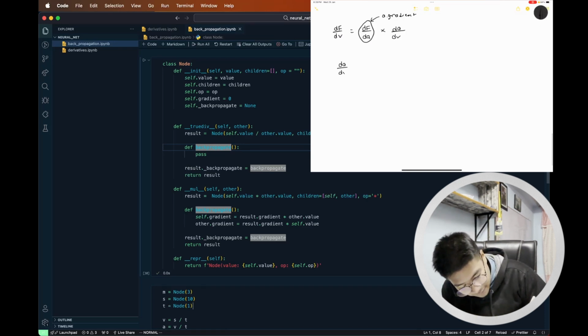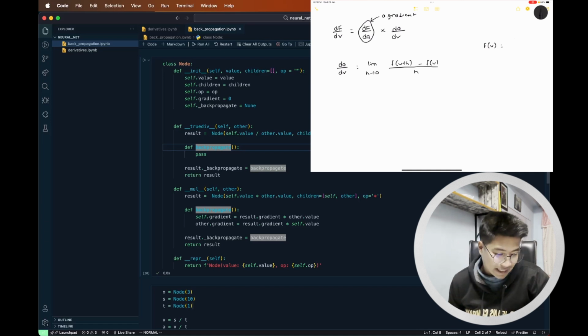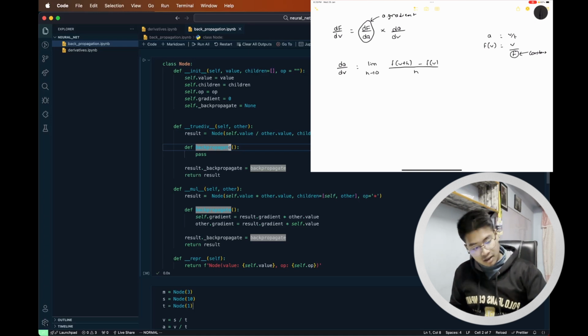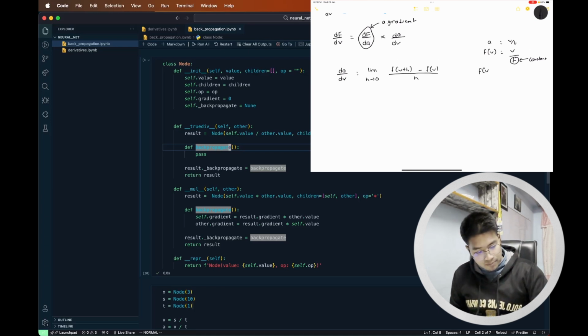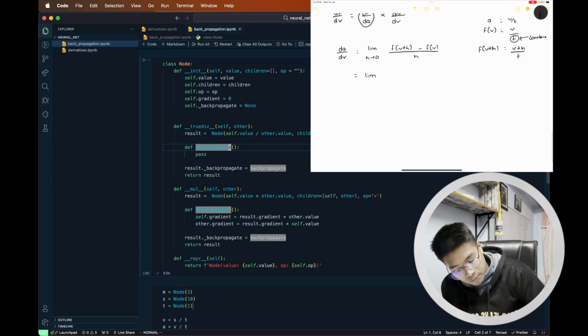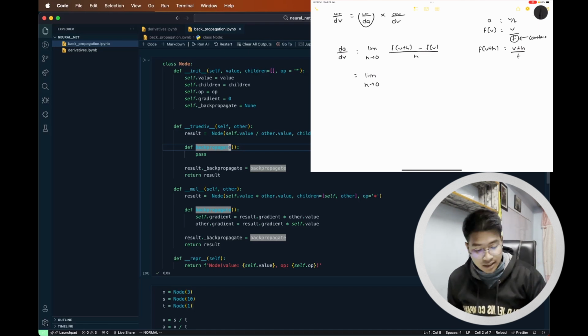So dA by dv is basically limit as h tends to 0 of the function of v plus h minus the function of v, divided by h. And if you realize, the function of v over here is basically a equals v by t, and you remember that t over here is a constant. That's because we're doing a partial derivative. So that means f of v plus h should be v plus h by t. And with that knowledge under our belt, I'm going to do this very fast now because we are experts in calculating derivatives.